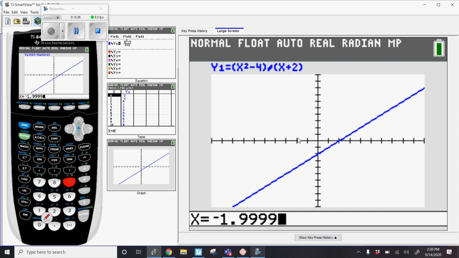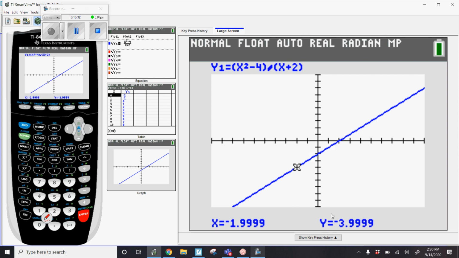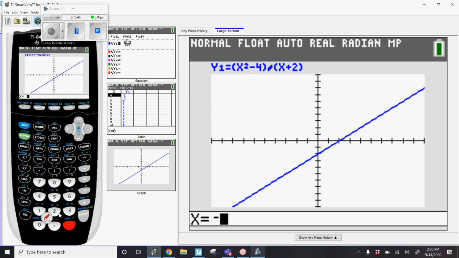Now, -1.999, this is like our right-hand limit because we're approaching from the right. And I see that my y value is -3.999. Well, this is a number really, really close to -4. So that's like my right-hand limit being -4. Let's check a left-hand limit by doing a number a little bit less or a little bit more negative from that.